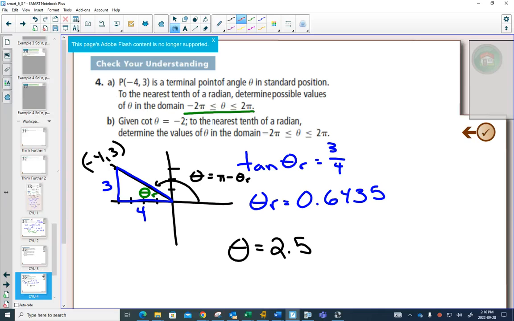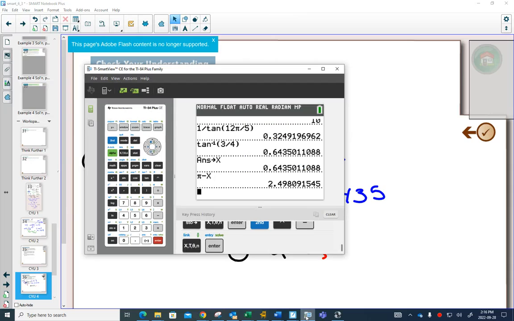We also need to figure out this angle, the negative angle. If I was thinking in degrees, do you see that you could do 180 plus your reference angle and make it negative? So if I was going to my calculator, I'm now doing pi instead of 180, plus my reference angle, which I stored as x.